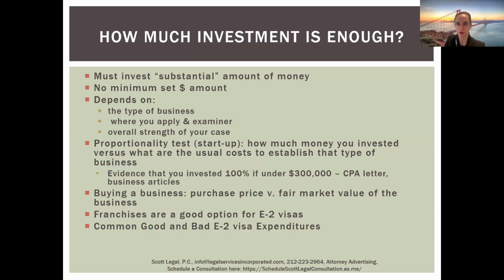Sometimes it's very helpful if you can find, let's say you are starting a consulting business or a particular type of business, business articles discussing the usual startup amount necessary to get this type of business up and running. If you can find articles like that, it may be helpful to include them in the E-2 application and show, look, this article says $40,000 is sufficient, I invested over 60, and just make that argument.